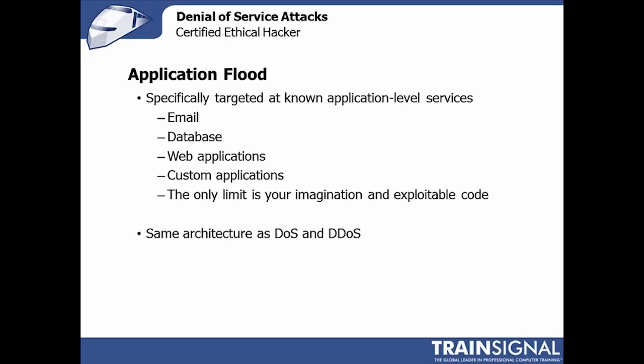Finally, the application flood. Consider at the application layer, there are very, very specific services that are available, like email services, database services. These are well-known services that have their own APIs, their own ports, different ways to communicate on the network. And an application flood is targeted at those specific ones.